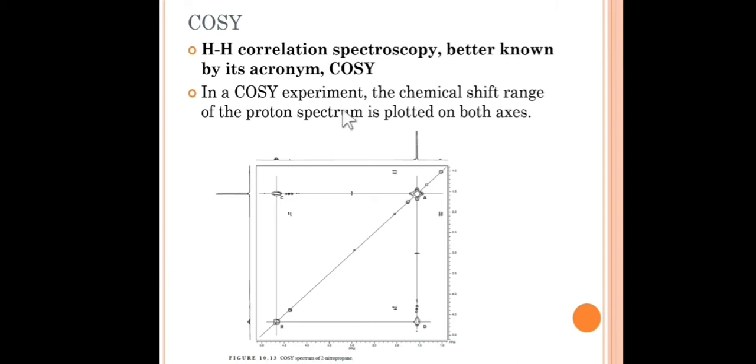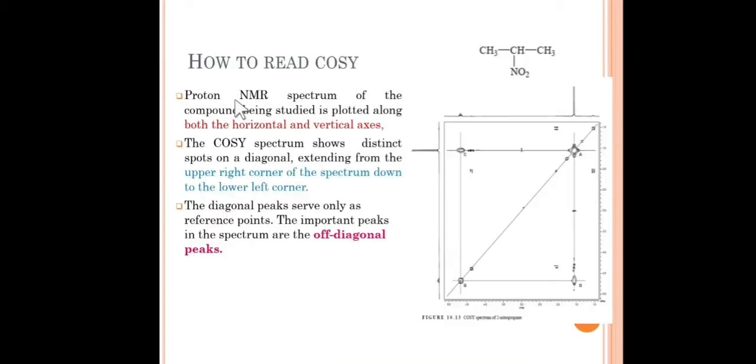So in the COSY experiment, the chemical shift range of the proton spectrum is plotted as we discussed in the previous slides. So, friends, how do we read this COSY spectrum? As I told you, these two spectra are similar.